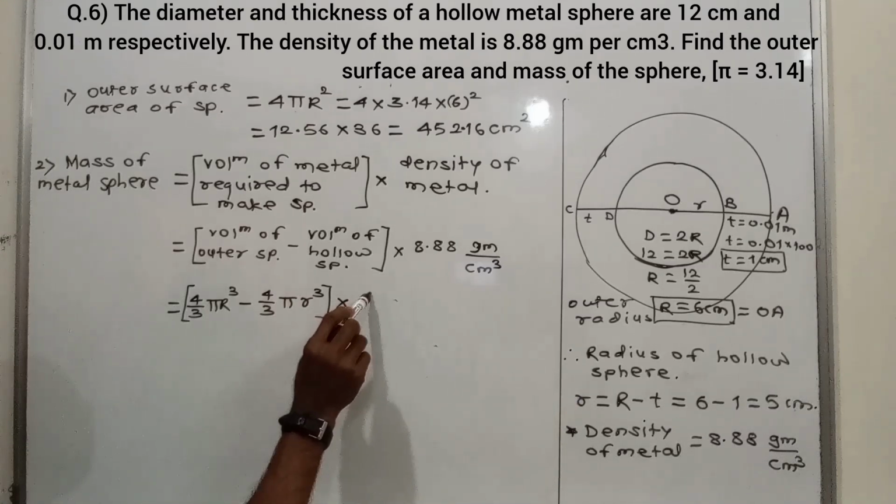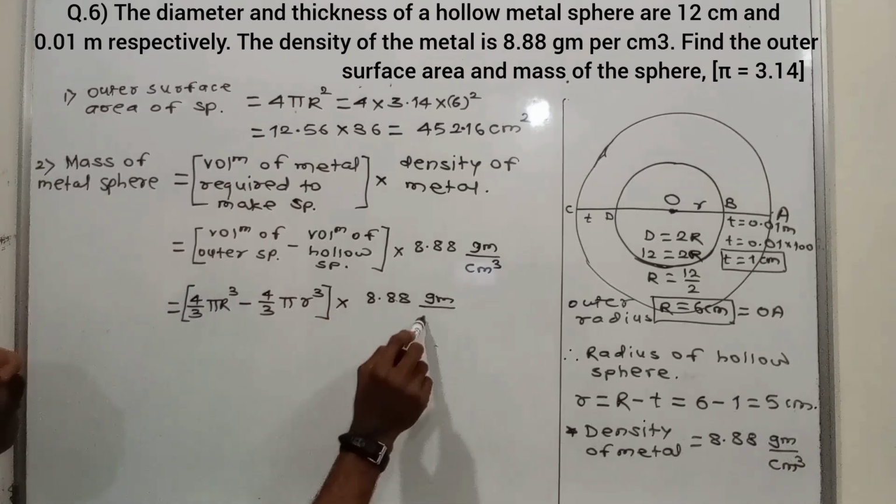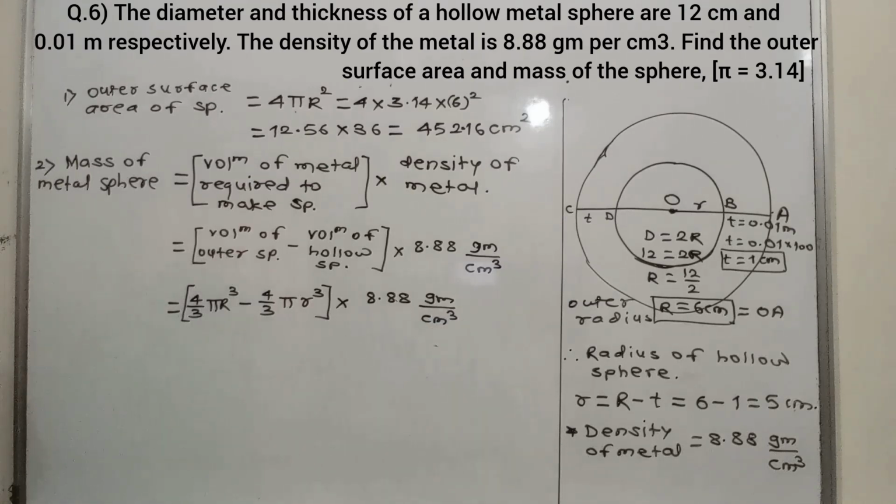I will show you afterwards. 8.88 gram per centimeter cube.